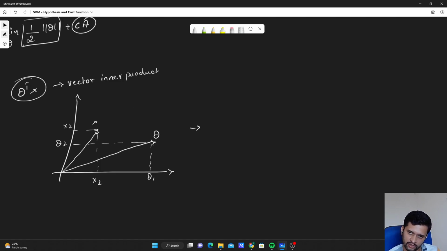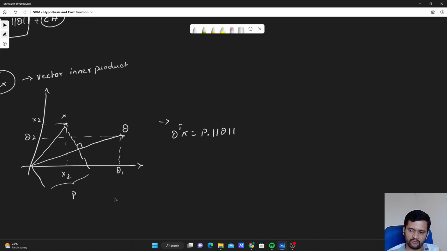Now if I take the orthogonal projection of this x on this theta, where the angle of the projection is 90 degrees, and the length of the projection of x onto theta I will consider as P, then theta transpose x can be given as P times the norm of theta.